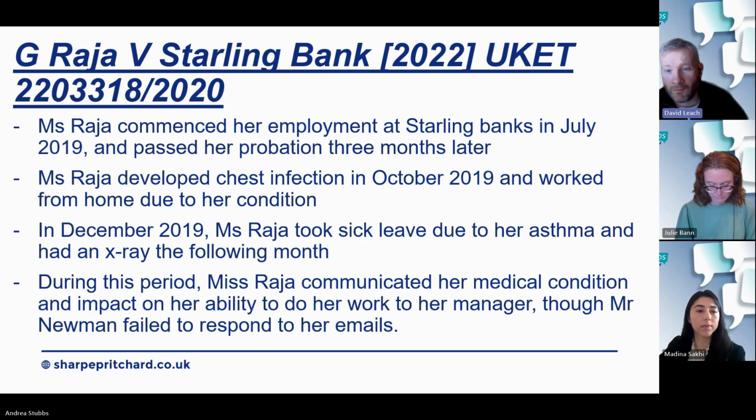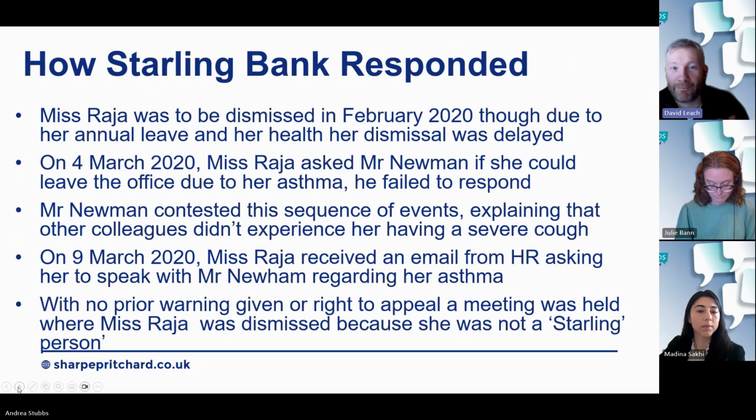So next slide. What did Starling Bank do? Well, the worst possible. They ended up dismissing her in February 2020. Now, there were delays here, as it says, because she was taking annual leave, and there was also her health issue going on, and working around that. The main point they were making, as it says at the bottom, was that she was not Starling Bank material, whatever that means. It's one of those throwaway lines that some employers use.